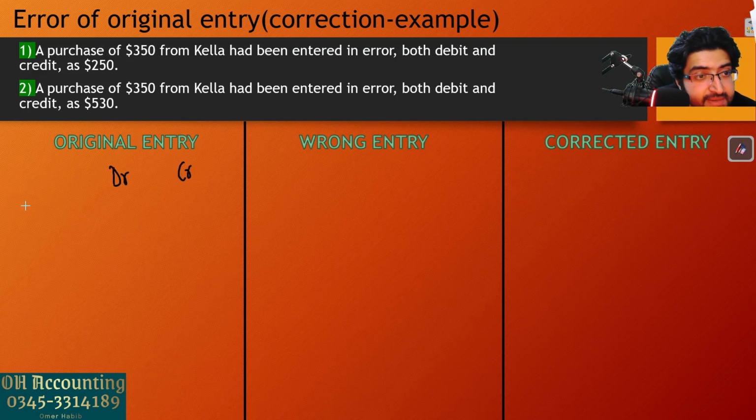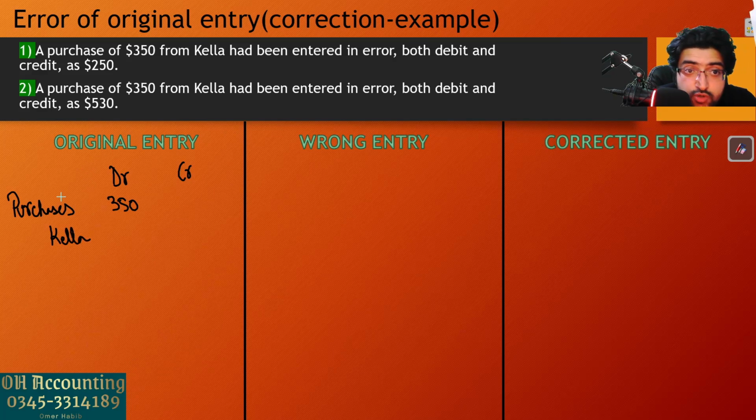Expenses are always debited when they are incurred. So purchases debit by how much? 350. And we are purchasing goods from Kela on credit, obviously, because it's not written that we are buying for cash or making a payment through check. So Kela is credited by 350. She becomes our trade payable, a liability. Liabilities, when they increase, are recorded on the credit side. Okay? Now let's read the error now.